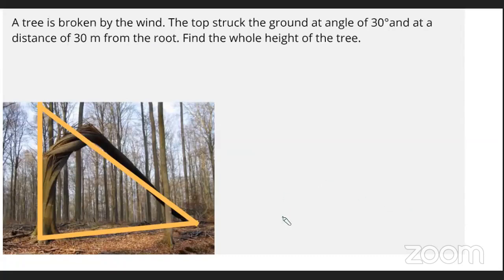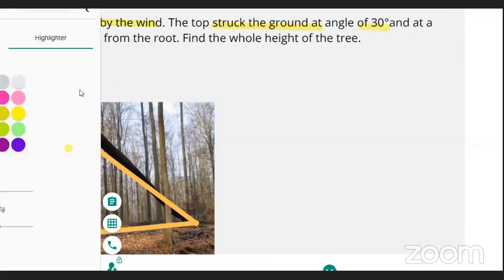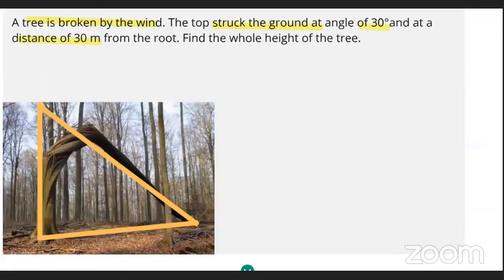It says that there is a tree which is broken by wind, and the top of the tree is touching the ground and making an angle of 30 degrees at a distance of 30 meter. That means the distance from this part to this part is 30 meter.